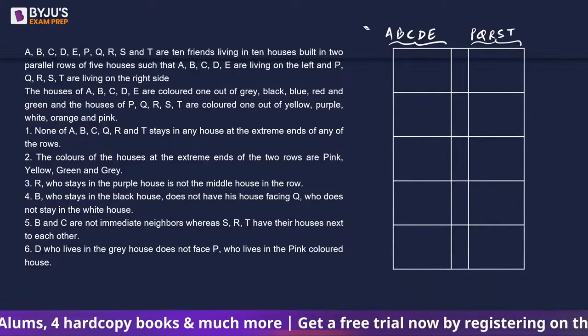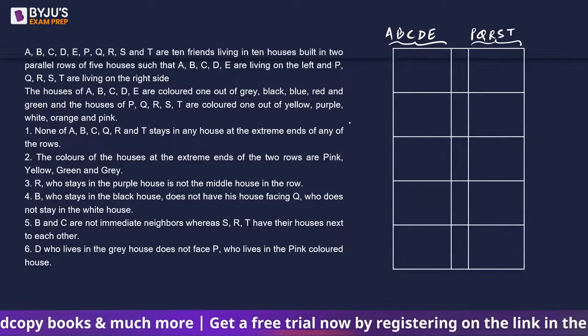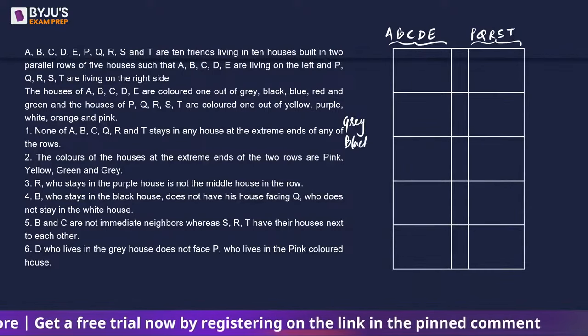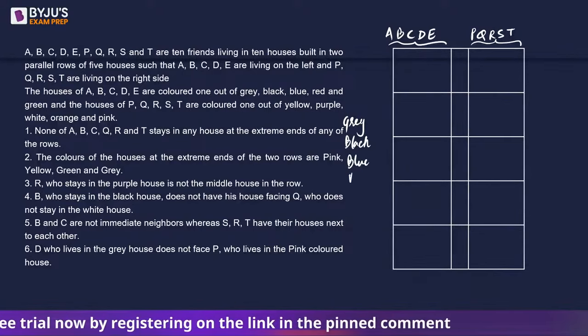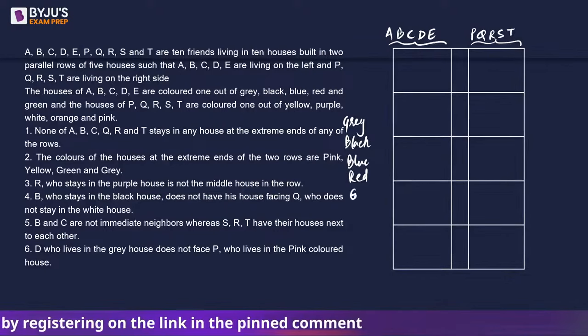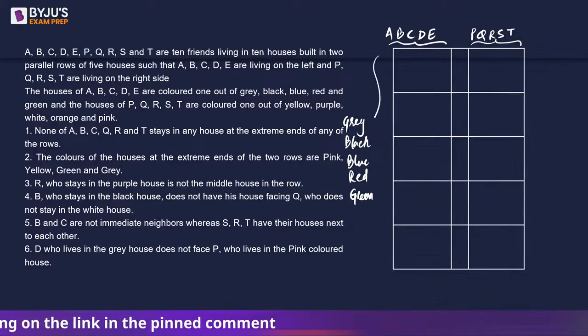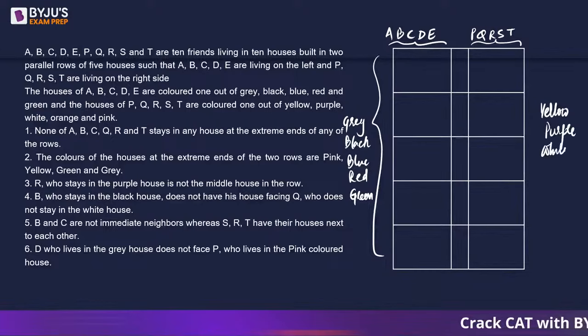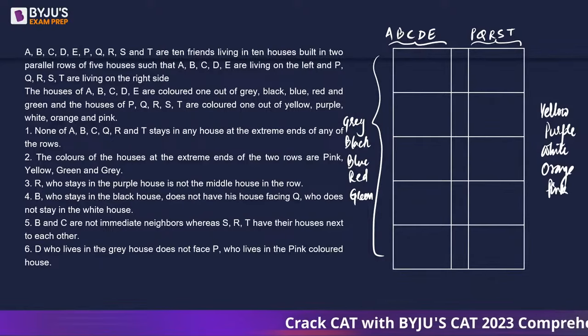Let's write it here on this side. And on the right hand side the colors are of course the remaining ones, which are yellow, purple, white, orange and pink, right, in some order.